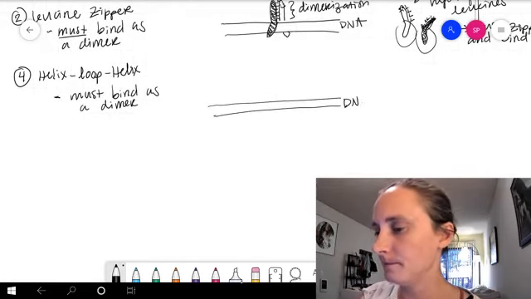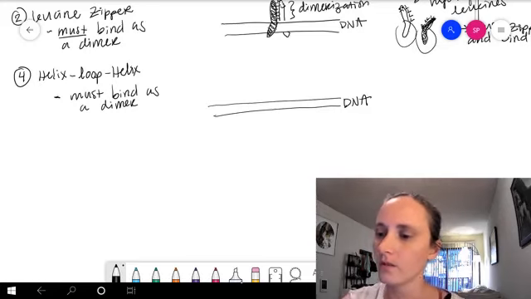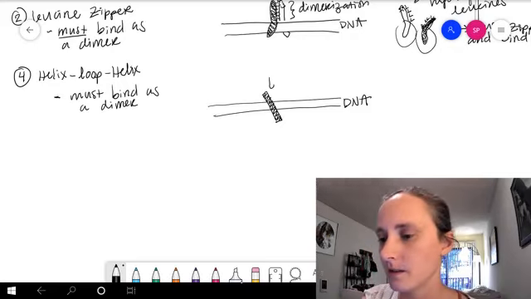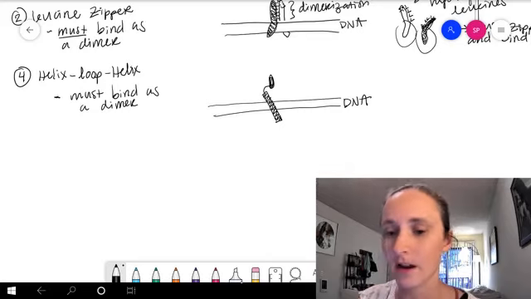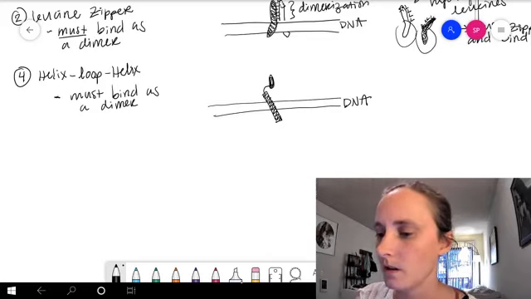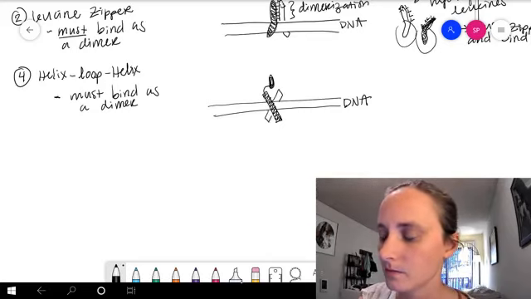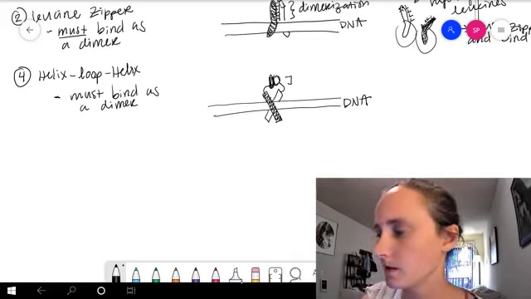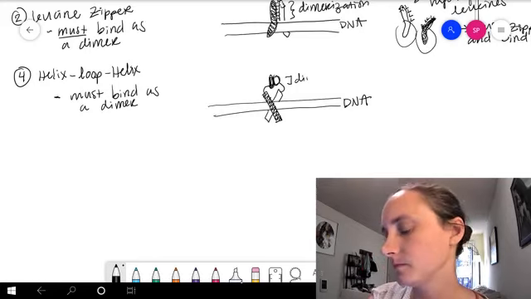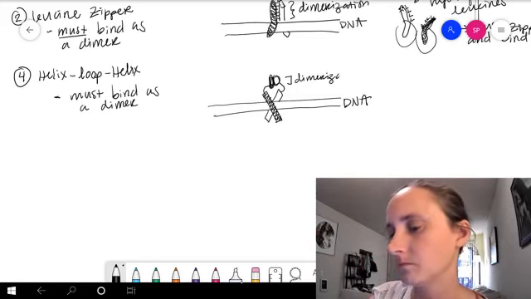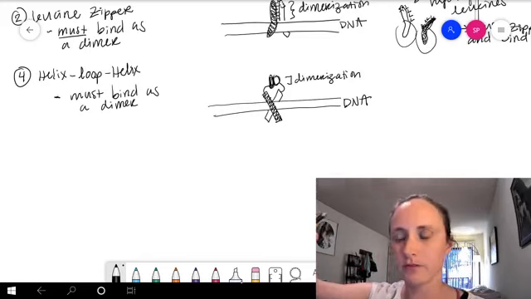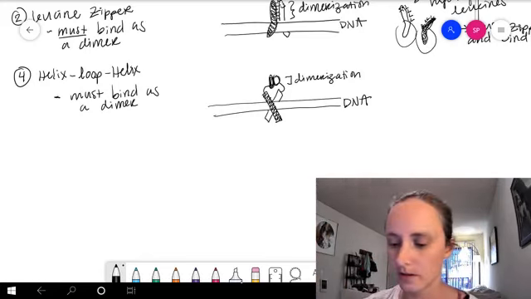Here's DNA. One of the dimers can contact DNA with this alpha helix, and then it has another helix here, and they're connected by a loop. The other dimer also will bind DNA, and then will contact, so this is a dimerization domain. And together they can sort of pinch DNA like a leucine zipper, the same sort of idea.